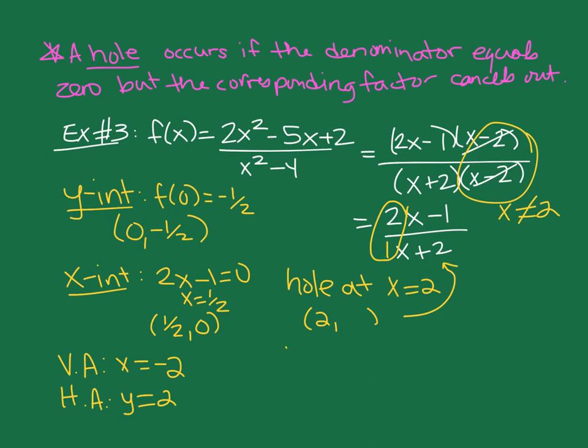When I do that, I usually end up getting a fraction. It's rare that you do this and don't get a fraction, but it's fine. So I have a hole at (2, 3/4). There's not a point there, there is a hole there, and I'll show you what it looks like in just a second.